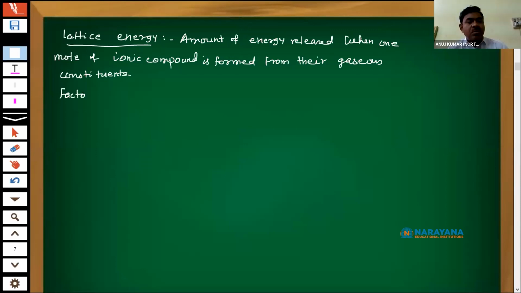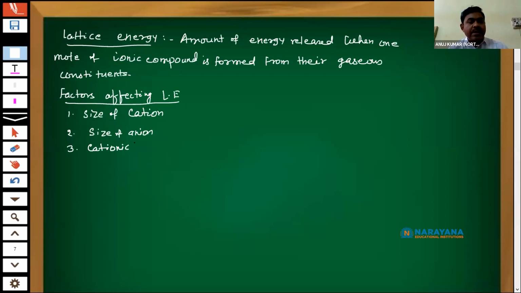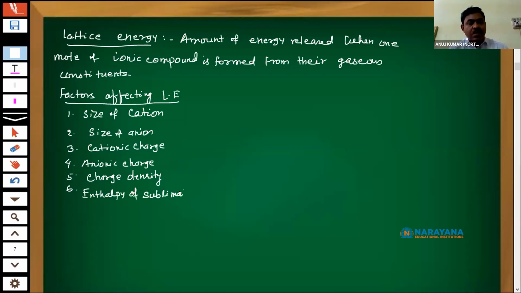Next is factors affecting lattice energy. First, size of cation. Second, size of anion. Third, cationic charge. Fourth, anionic charge. Fifth, charge density. Next is enthalpy of sublimation, bond dissociation energy.